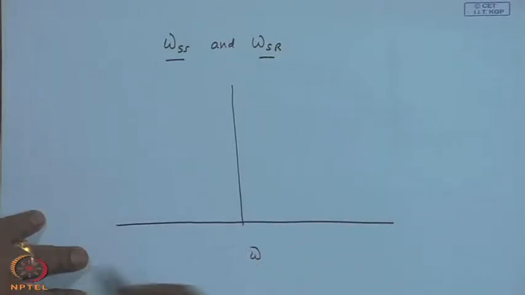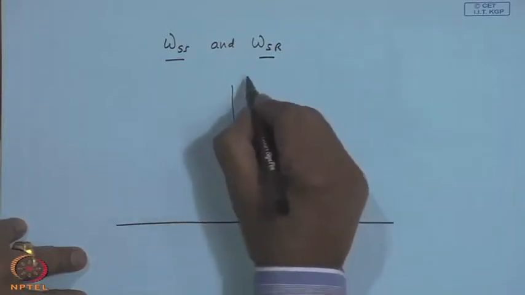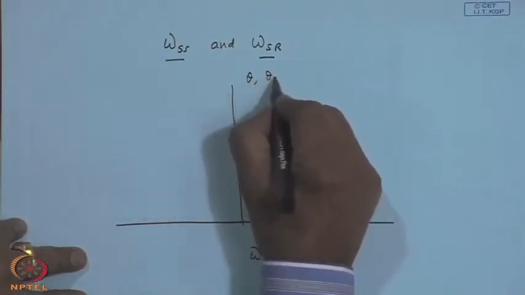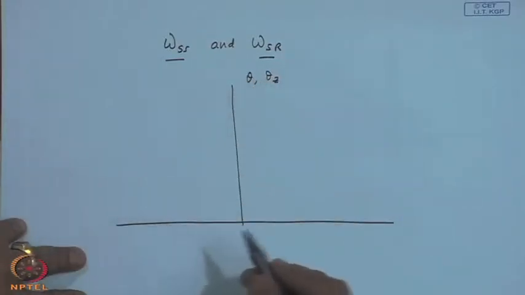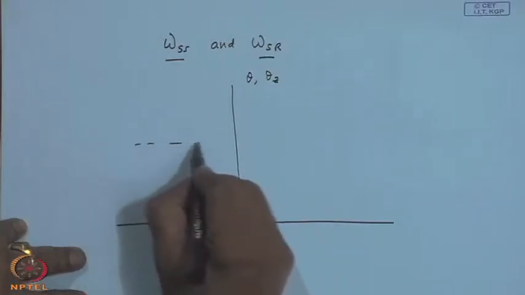If I plot the hour angle omega versus theta or theta z in general, does not matter how it looks like.